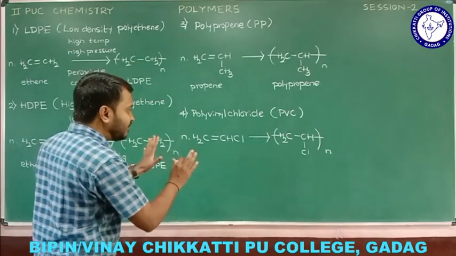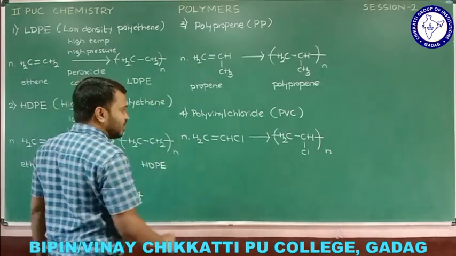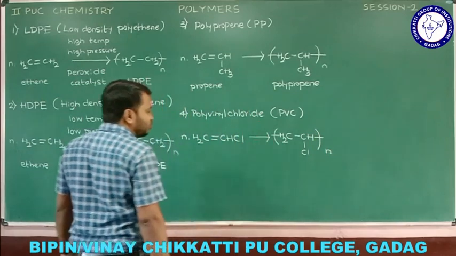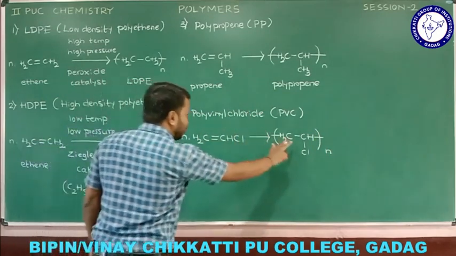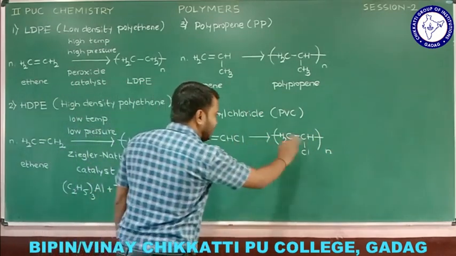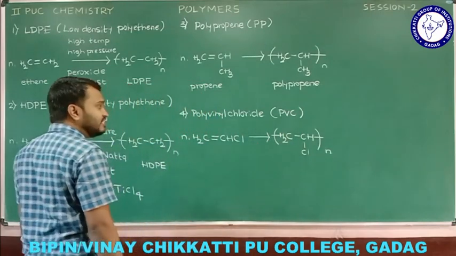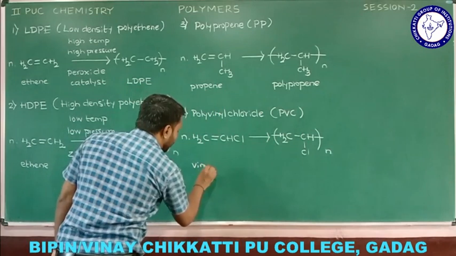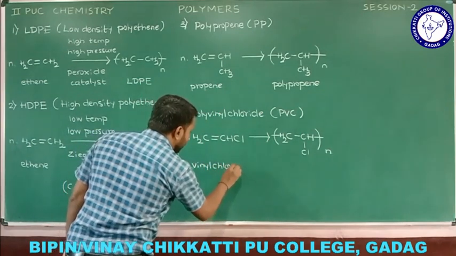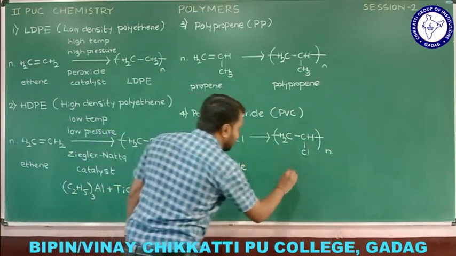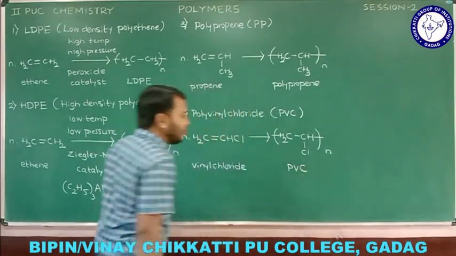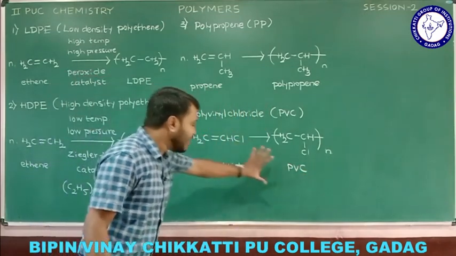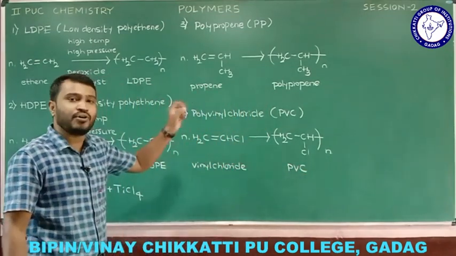Try to know that in all the cases we have seen, the tetravalence nature of carbon should be satisfied, the double bond is converted into a single bond here, and that would be the structure of PVC, polyvinyl chloride. This will be vinyl chloride, and this will be polyvinyl chloride, and the kind of polymerization involved is addition polymerization.